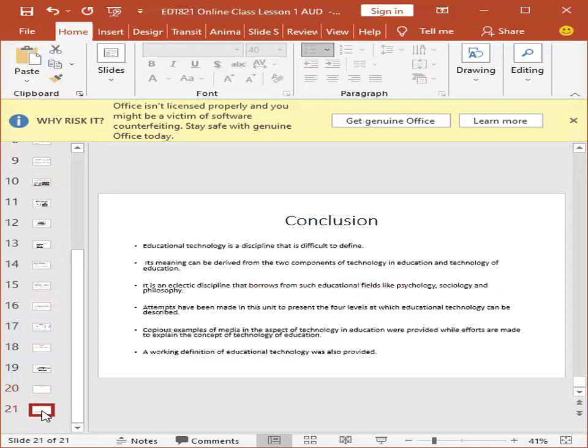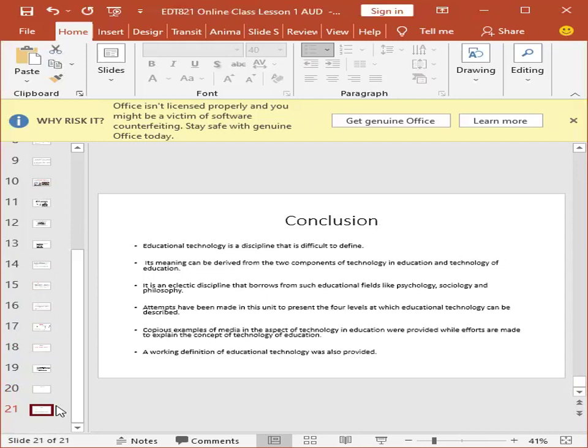In conclusion, educational technology is a discipline that is difficult to define because educational technology is new. It's not as old as history, geography, physics, chemistry, biology.